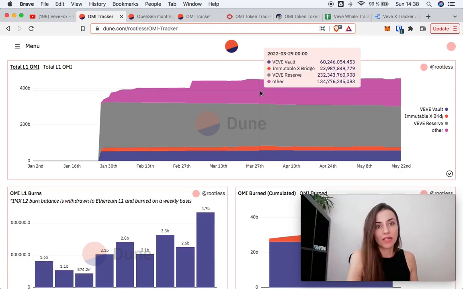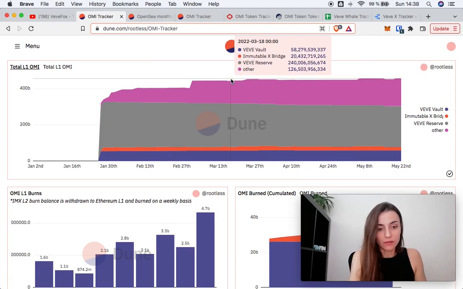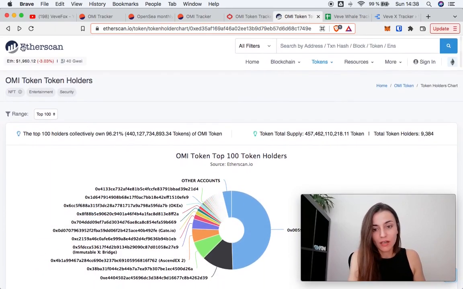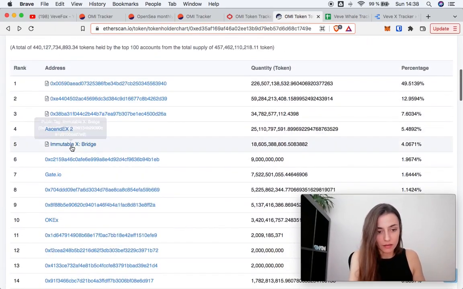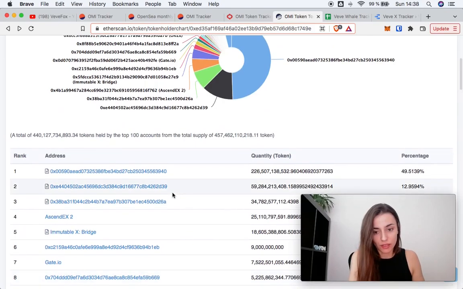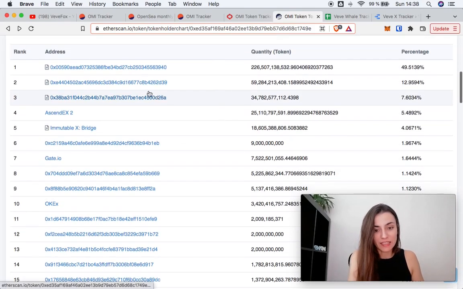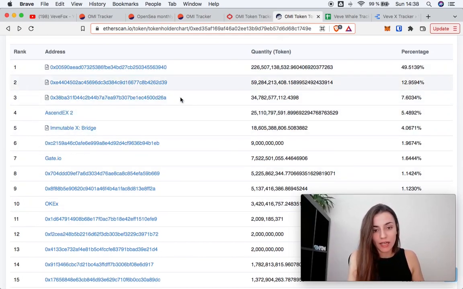So, how do I know where the OMI is? What I did is I went to Etherscan and had a look at all the addresses or holders of the OMI token, and some of them are actually labeled, such as the Immutable X Bridge, and some of them are not.